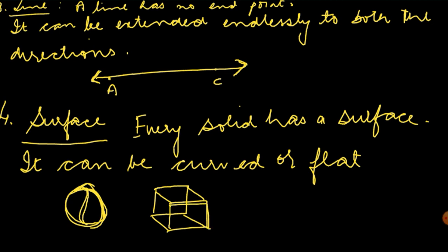So this portion of the cube, like this front portion, it is a flat surface. So every solid has a surface, and it can be curved or flat.